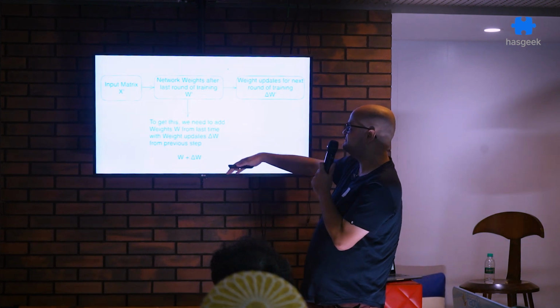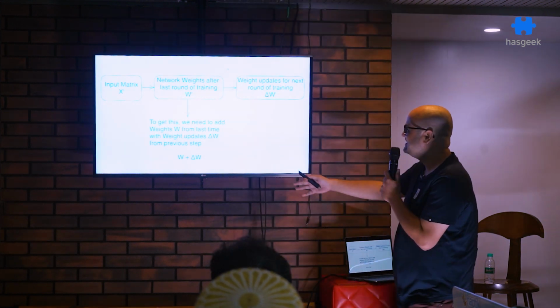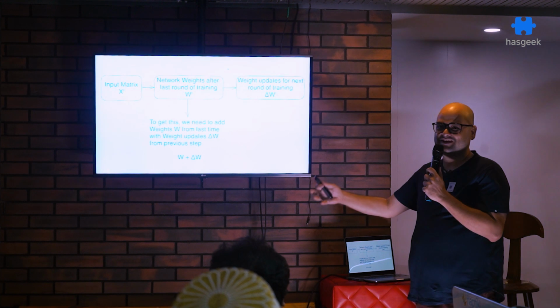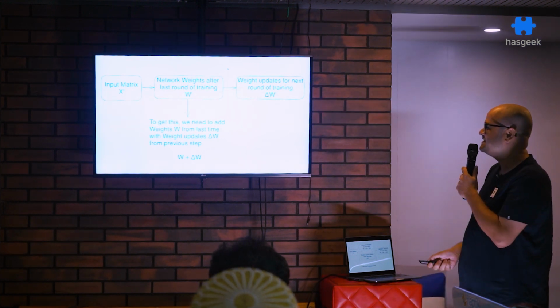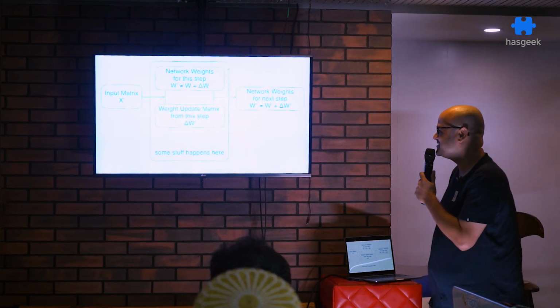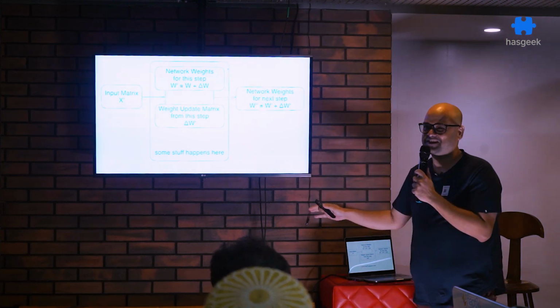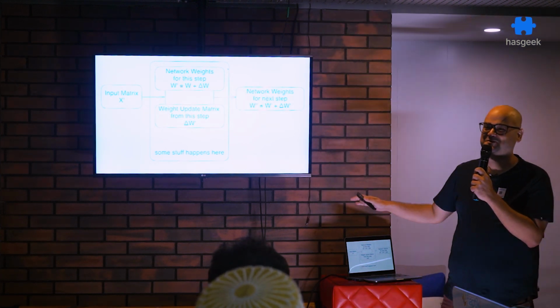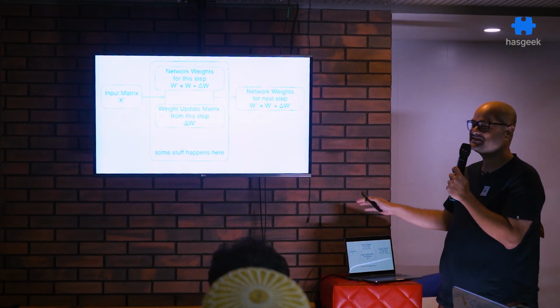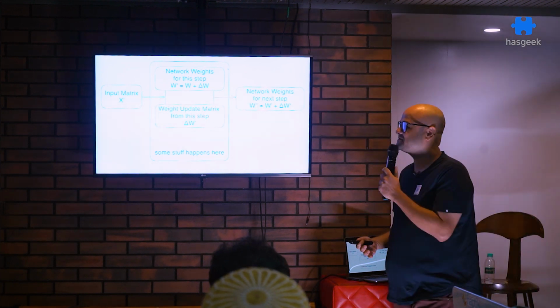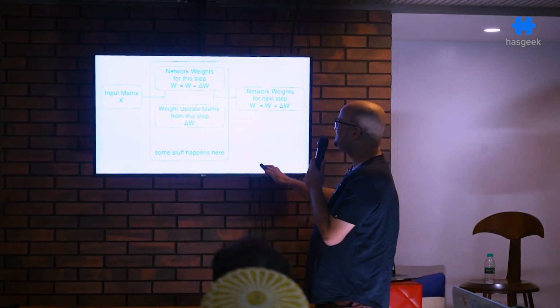And then in this round of training we get some updates, and then we combine the two and we are ready for the next round. So simplifying that a little further, I'm doing this because I'm going to use this to describe how LoRA works, so I'm spending some time doing this.